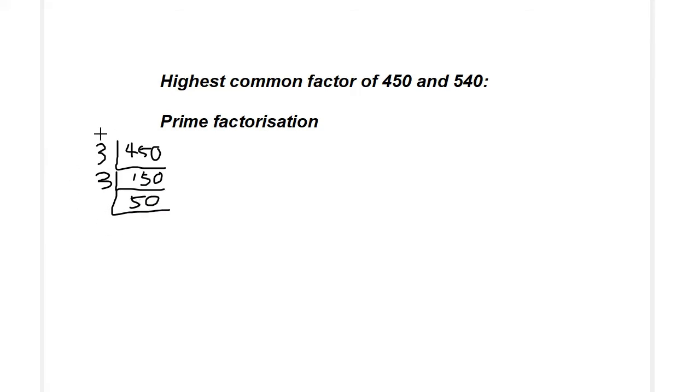Always take note that it has to be a prime number here. 5 is also a prime number. We can't put 10 here, although 50 can be divided by 10, because 10 is not a prime number.